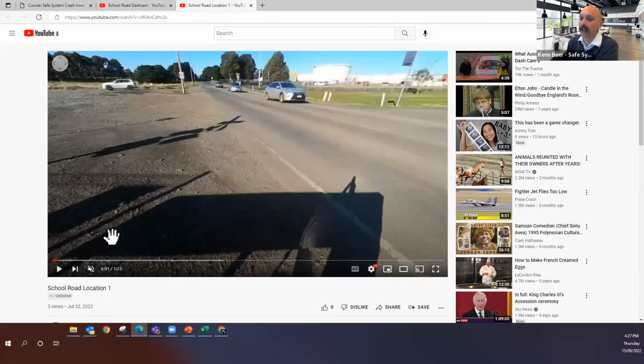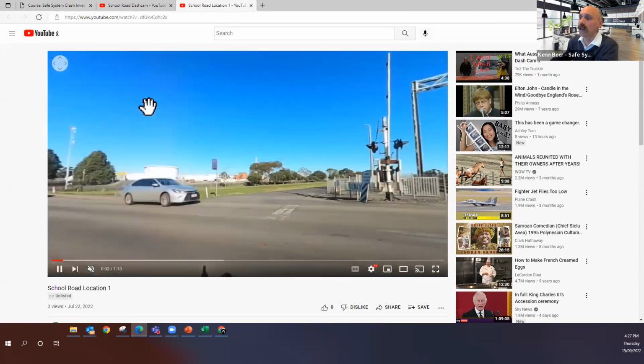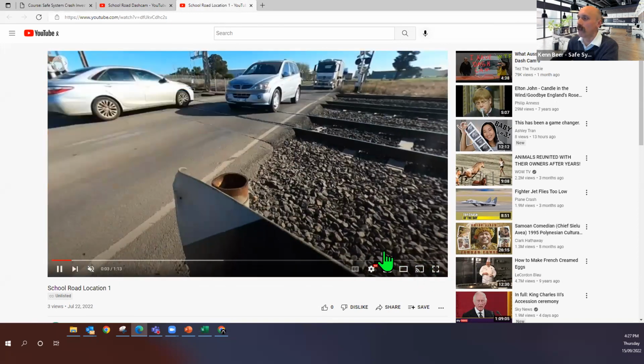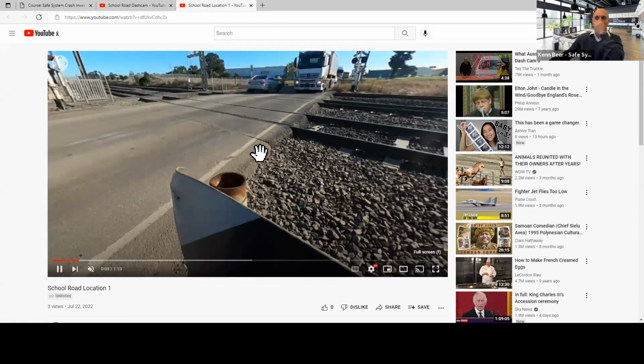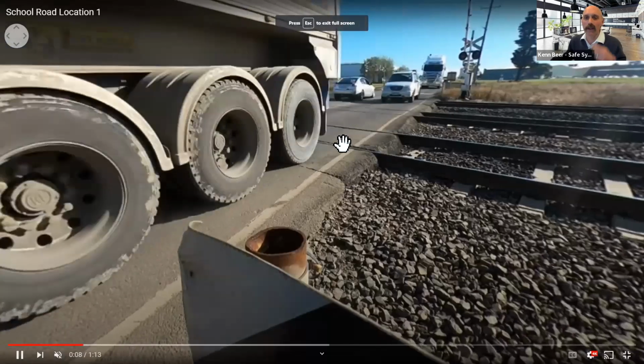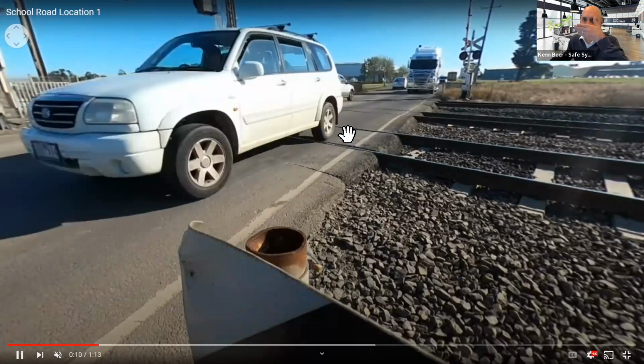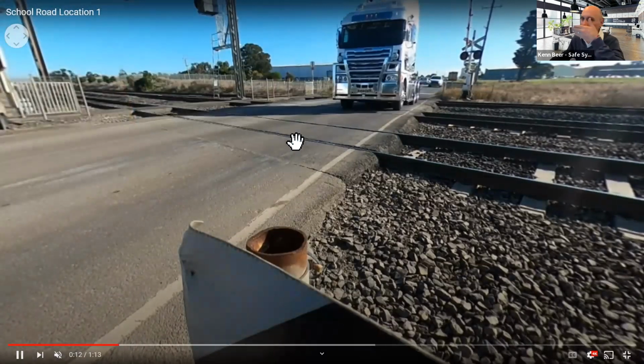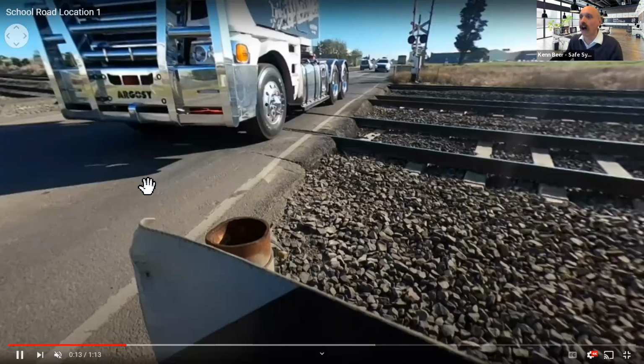You can play it. Or if you do want to use the goggles, you can put your phone into the goggles and then move your head around and it will move as though you're out on site.